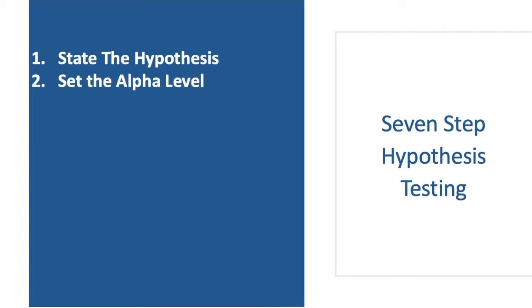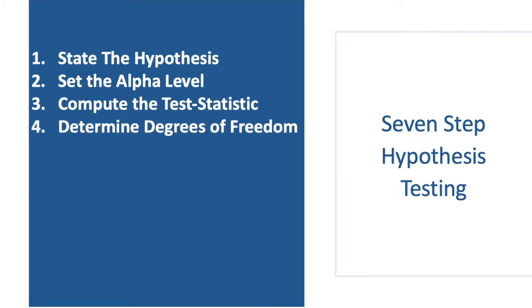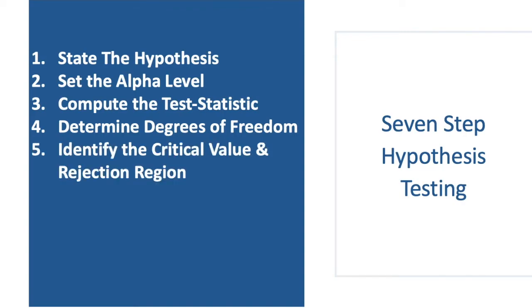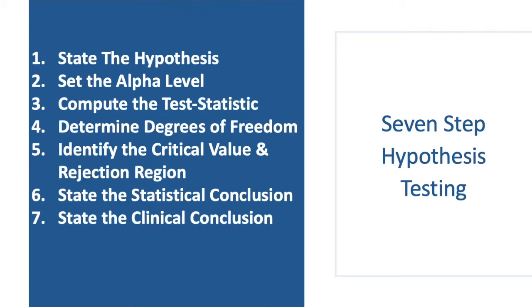We then will need to set our alpha level. We'll then move on to step 3, which is to compute the test statistic. Number 4 is to determine the degrees of freedom. Number 5 is to identify the critical value and the rejection region. Number 6 is to state our statistical conclusion. And number 7 is to state our clinical conclusion.